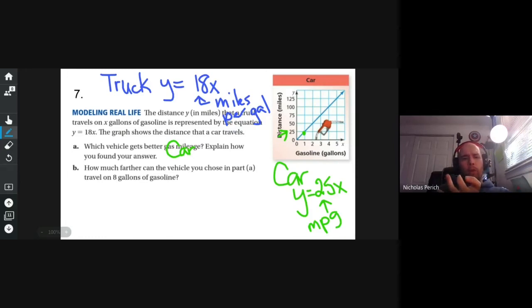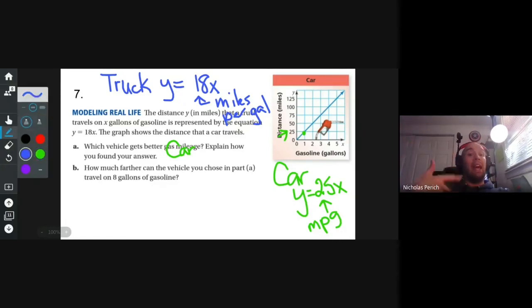How much further can the vehicle you choose in part A travel on 8 gallons of gasoline? What it's asking is, say you fill up the truck with 8 gallons of gas and you just go.